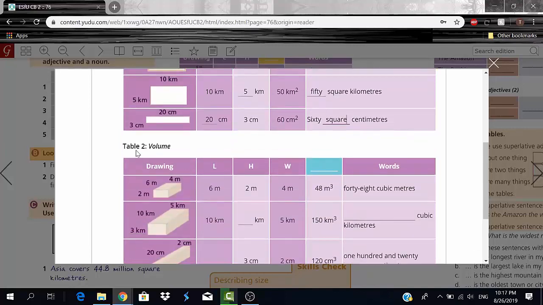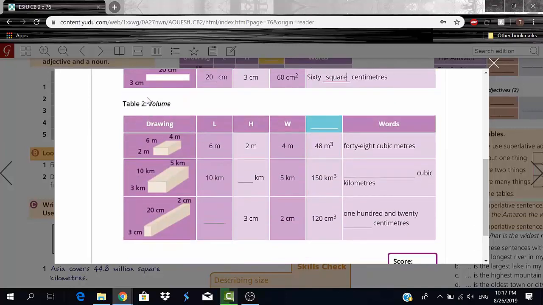Now we have table 2. Now he's talking a little bit more about the volume. Okay, so we have the length 6 meters, height 2 meters, width 4 meters, and finally we have the volume 48 cubic meters. Okay, now let's go to the second one. So we can see that length is 10 kilometers right here, and then we have height is 3 kilometers, so we'll write that down going upwards again, that's the height.